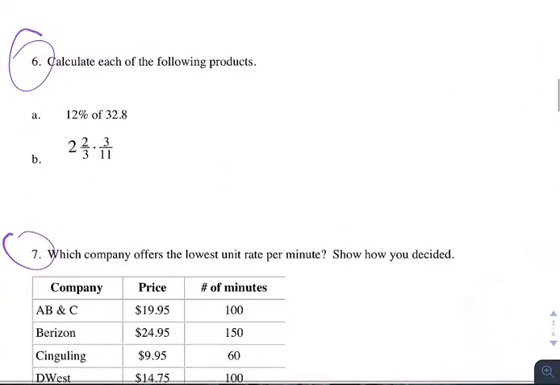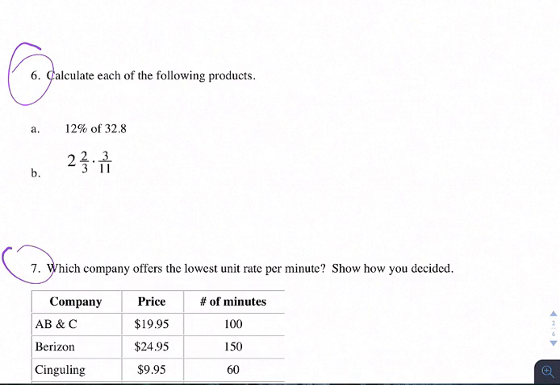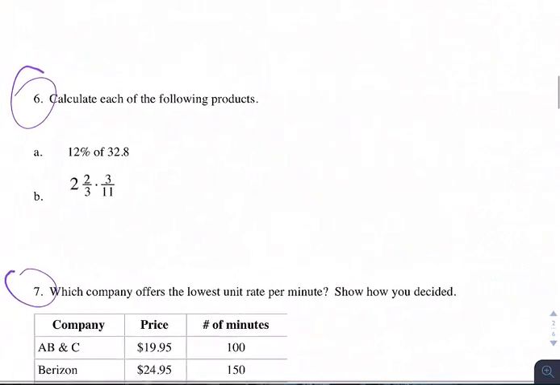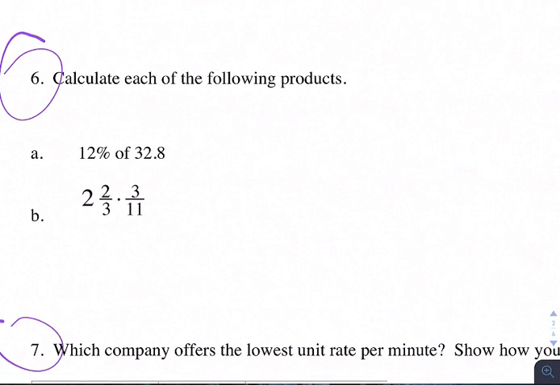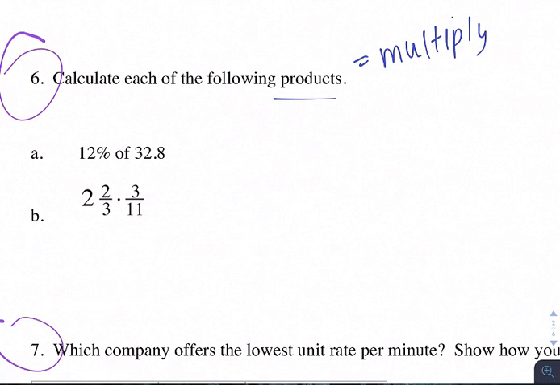All right, next one I want to talk about is number 6. It says calculate the following products. This is multiplication. Products equals multiply. So what we really have is 12% times 32.8.